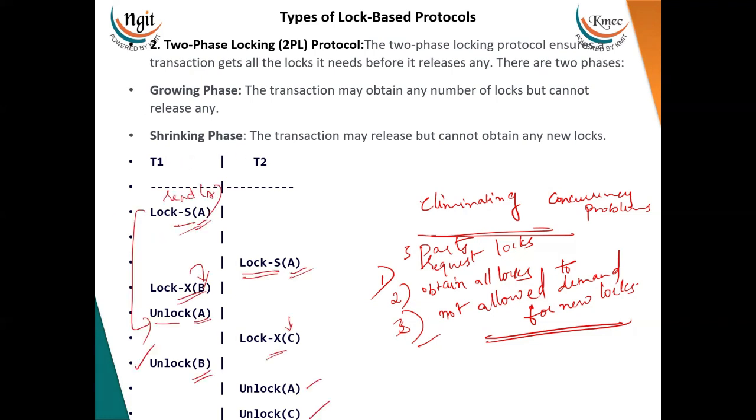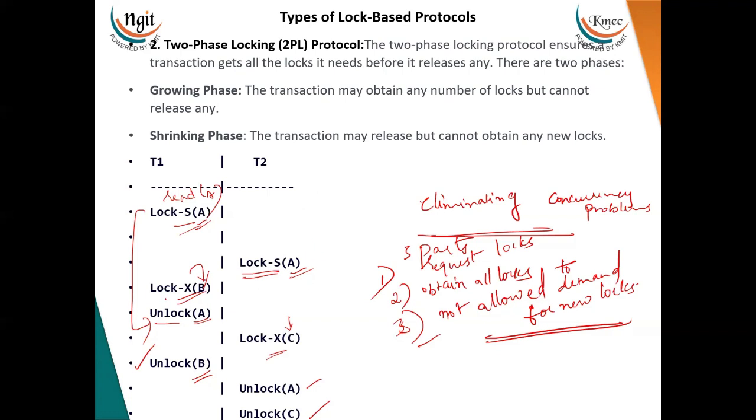So here you can see a shared lock is obtained on A by T1. Before it releases the shared lock, the T2 transaction is also given the shared lock to view the data on the same data item. Thereby, there is no problem in affecting the database.